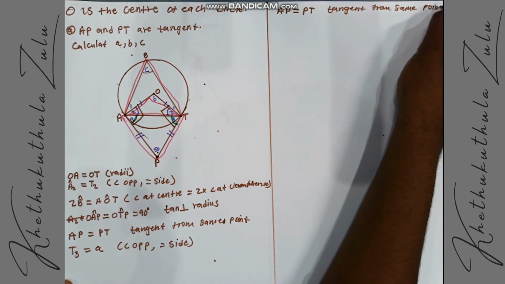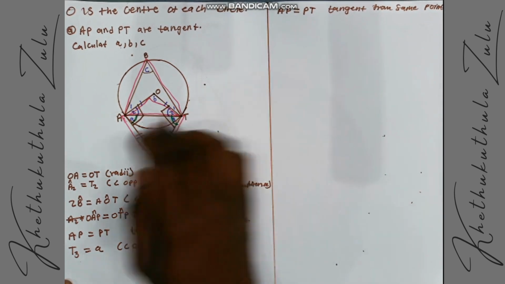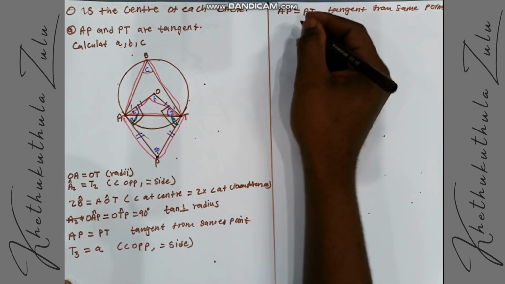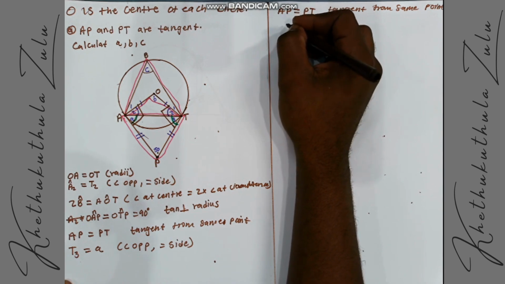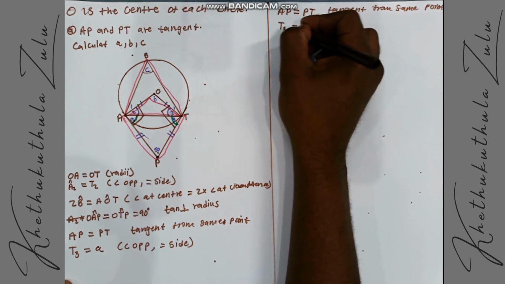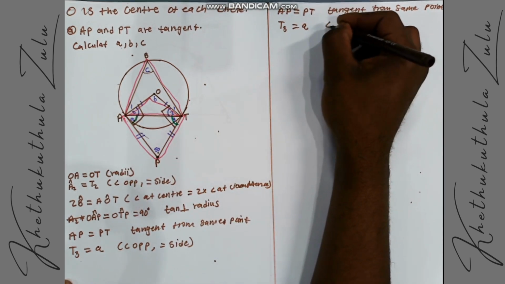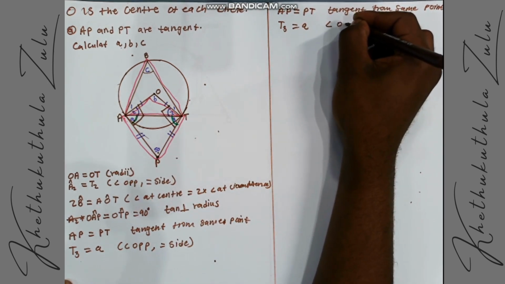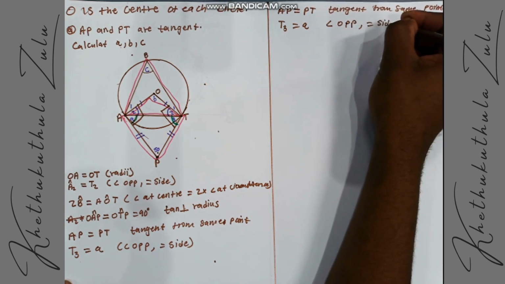Now we are writing it procedurally, as when you are writing a test or an exam. Then from there, if these two are equal, then A is equal to T3, because it is isosceles, where we call it opposite angle, opposite equal side.